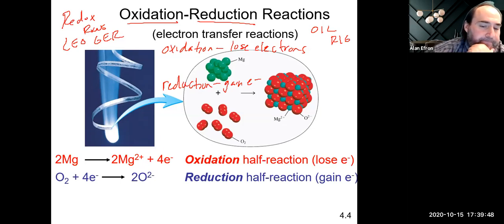This is the common definition of oxidation and reduction. There are also other definitions of oxidation. It can involve the gaining of oxygen as you go from reactants to products, or the loss of hydrogen as you go from reactants to products. Those are two other definitions of oxidation. We don't get too much into those definitions.